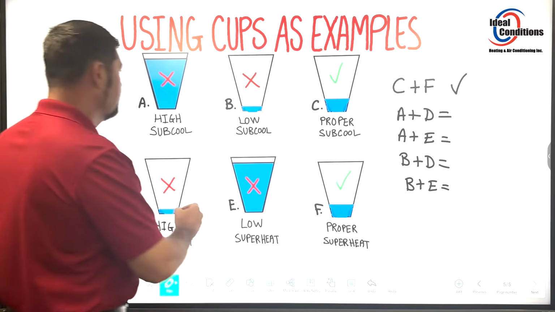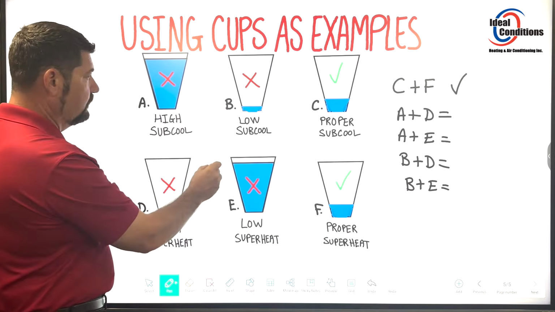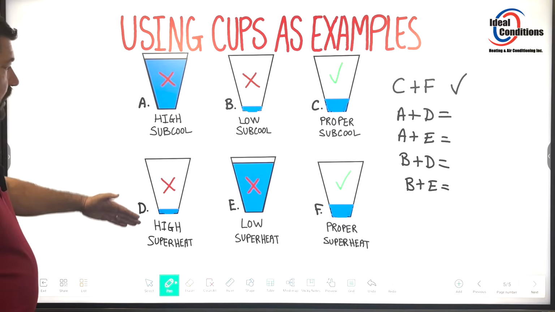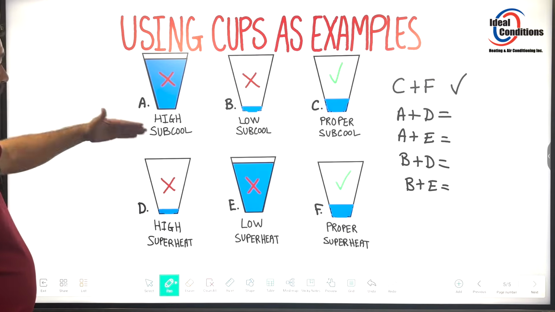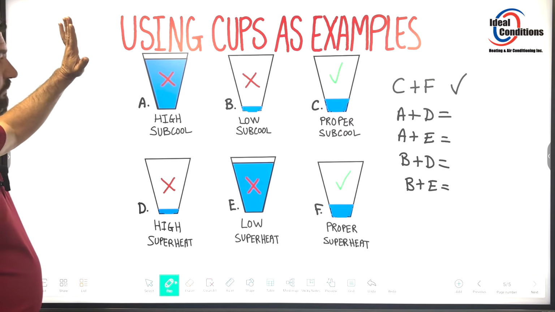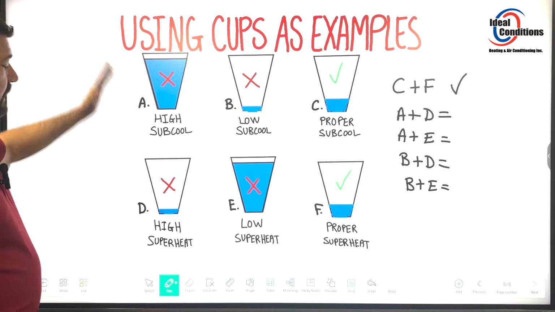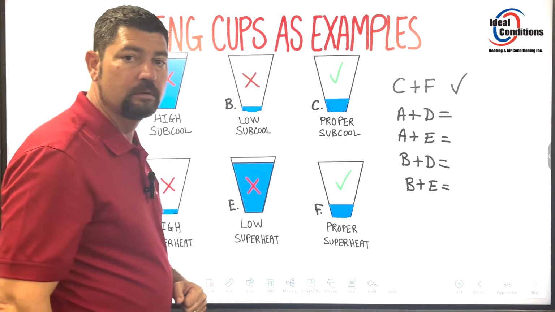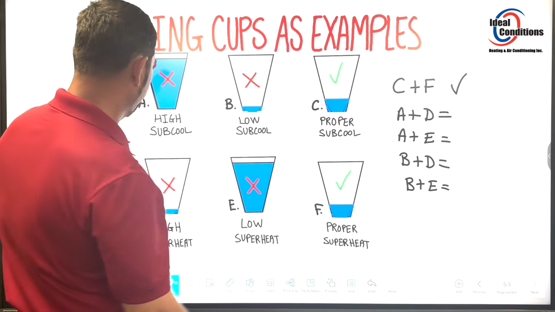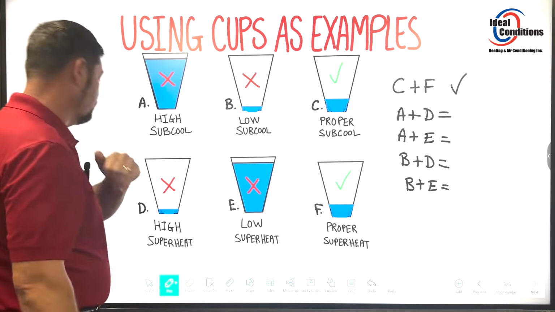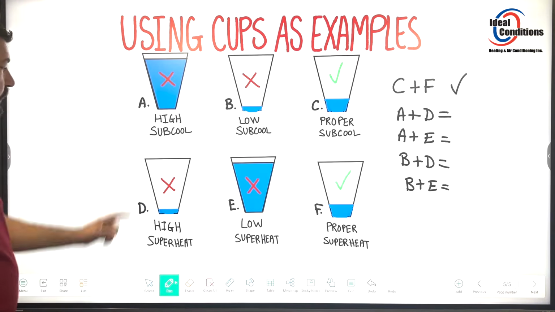So if we had the combination of A plus D, then obviously I have plenty of refrigerant. I don't need any more refrigerant. Am I overcharged? No. It looks like nothing's able to leave my condenser and enter my evaporator coil.